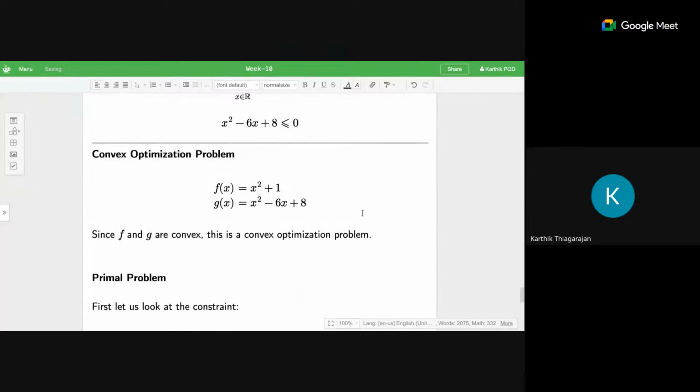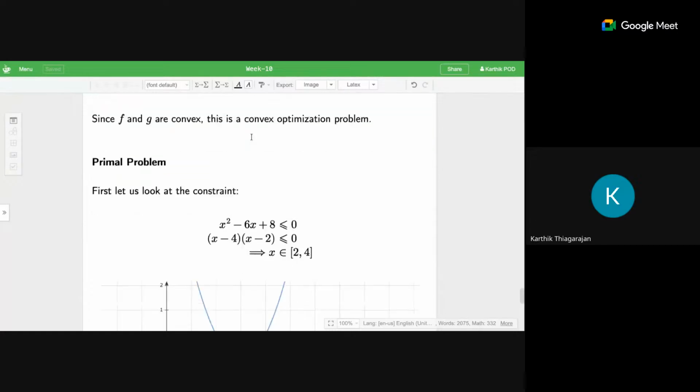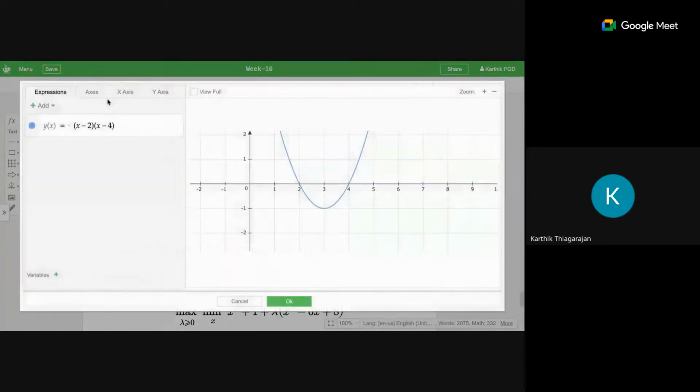Now, if you plot this, things are in fact very simple. The objective is x square plus 1. Let's make the constraint in this color. Let's plot the objective function, which is y in terms of x square plus 1. Let's make the objective black. We specify the range for the constraint.